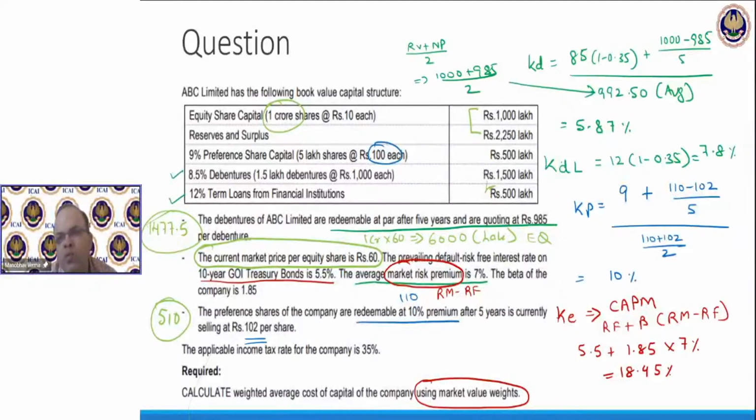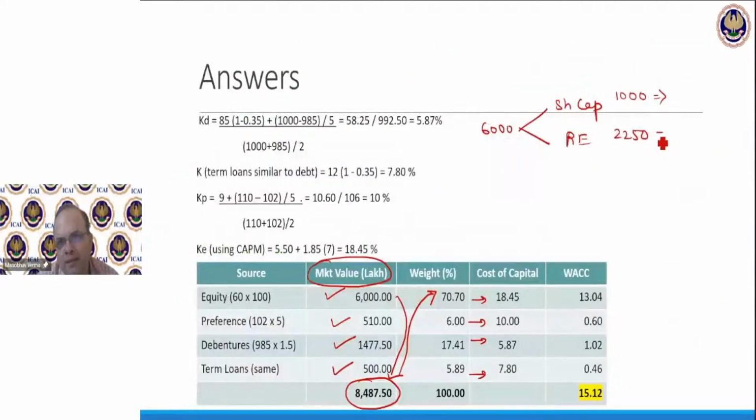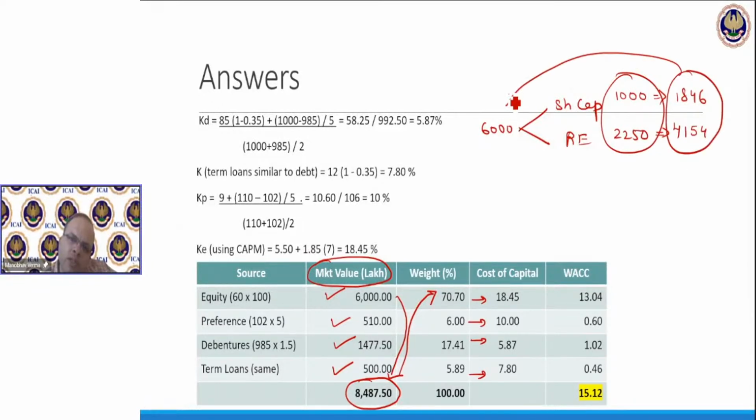The only point is whatever you get here. For example, I'm getting, let's say, 1846 here, and we're getting 4154 in this case. Would that really make any difference here? Because this is in the same proportion, and what we are getting is actually 6,000, and the cost of equity would anyway be 18.45.